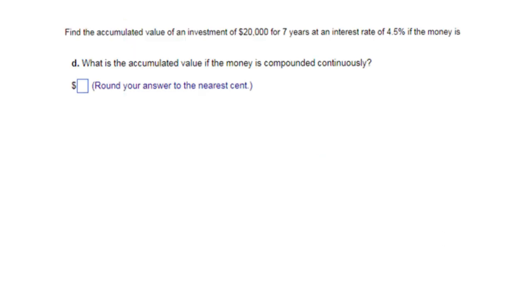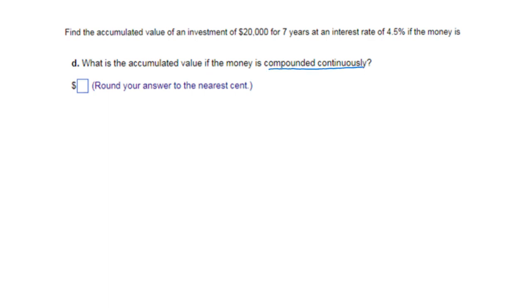Previously, we worked this problem finding the compoundings when n was 2, quarterly at 4, and then monthly at 12. And now this is part D, and it says what is the accumulated value if it is compounded continuously.